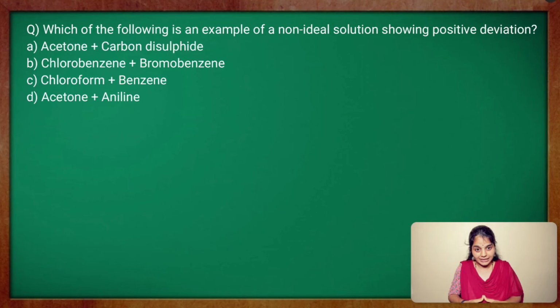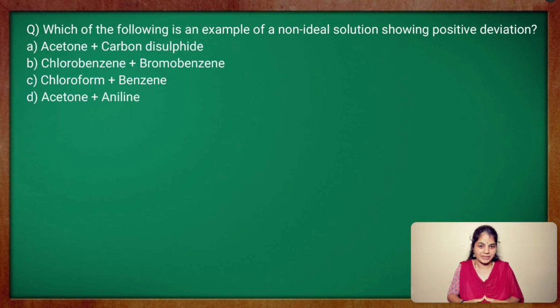I have brought you a trick to easily identify which is an ideal solution and which is non-ideal. Before moving into the trick directly, let us list the examples of solutions exhibiting ideal behavior and those exhibiting non-ideal behavior, that is, showing positive deviation and negative deviation.